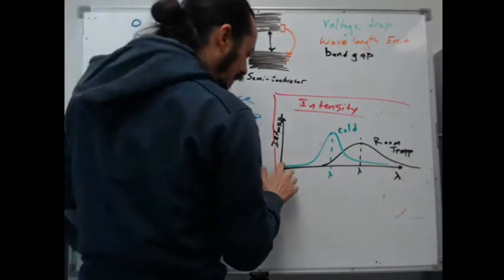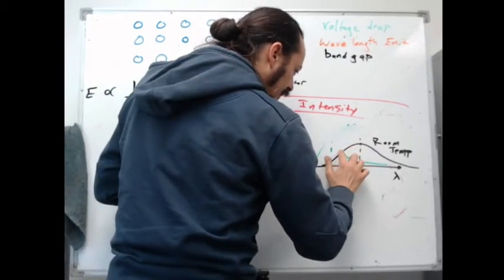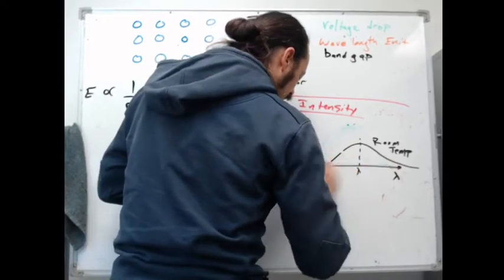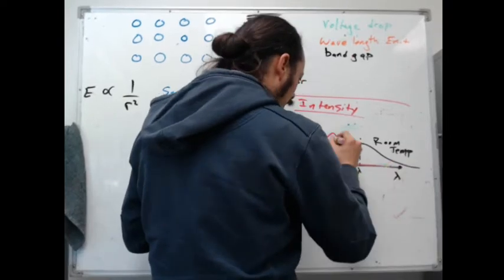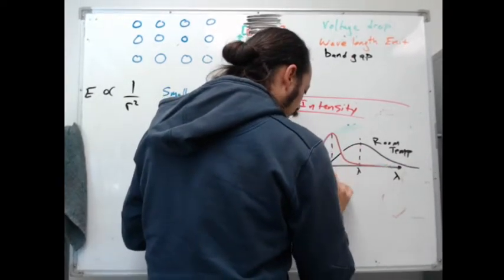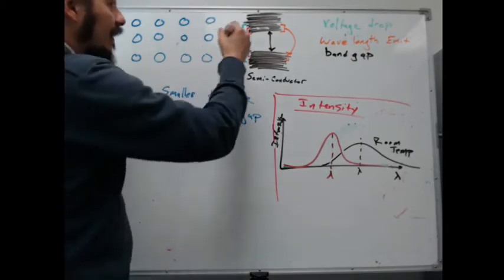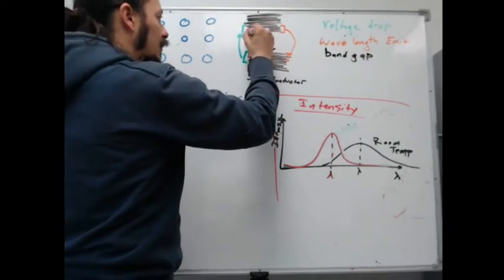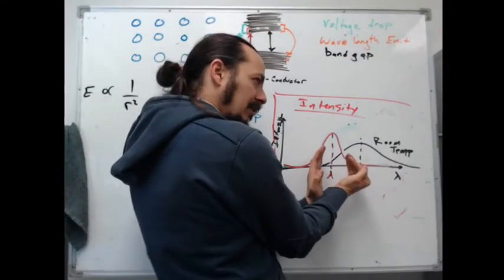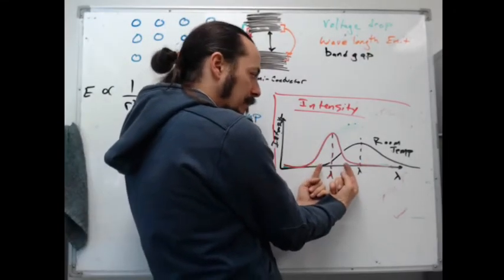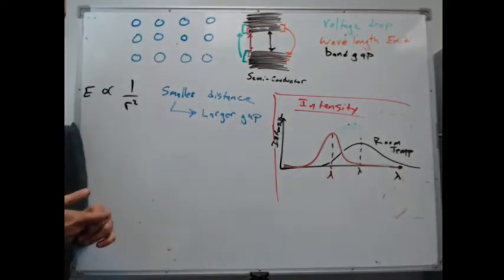I should change this. Again, I want the colors to all match. Right, so having this smaller range of transitions is going to mean that the profile of wavelengths is smaller, which is going to give this appearance of increased intensity.